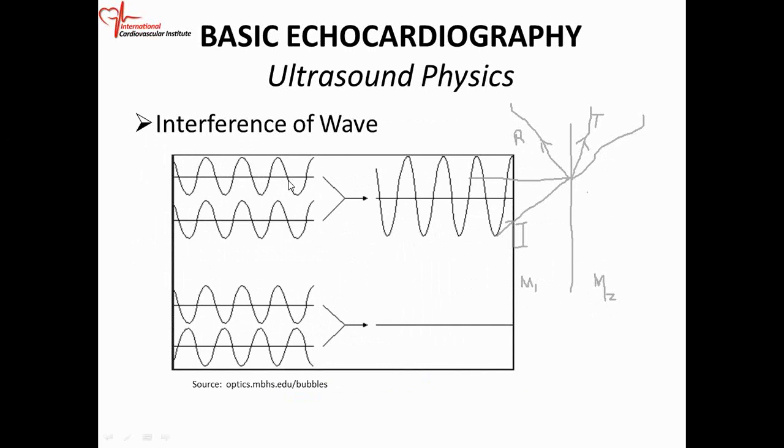When they meet up, if everything is lined up just right, say crest on crest, you have positive interference, where the net result is a much larger crest and a much larger trough. As opposed to negative interference, if a crest meets a trough and a trough meets a crest, they cancel out each other, so you'll get no disturbance.